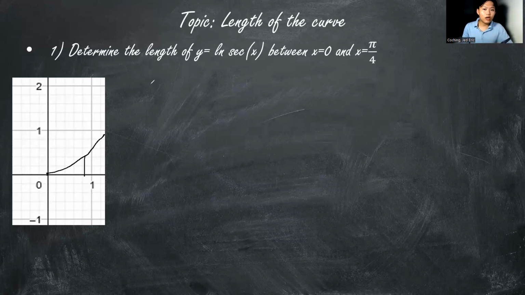Okay, using the previous formula we had, we need to first get the derivative of y, and the derivative of ln sec x is just tan x.